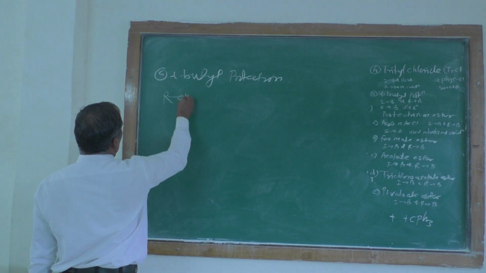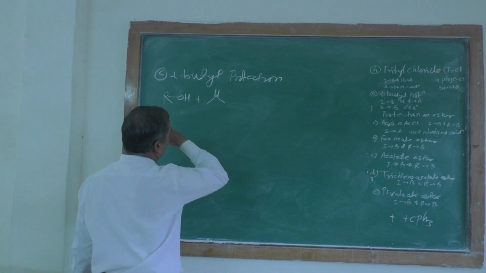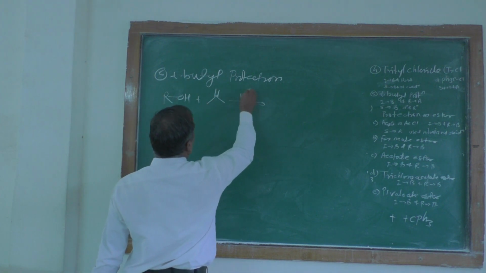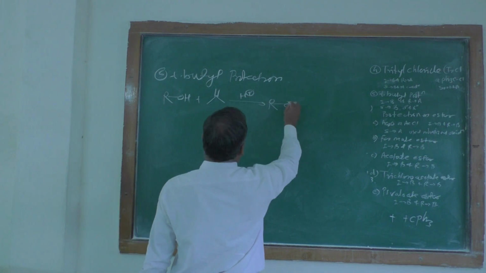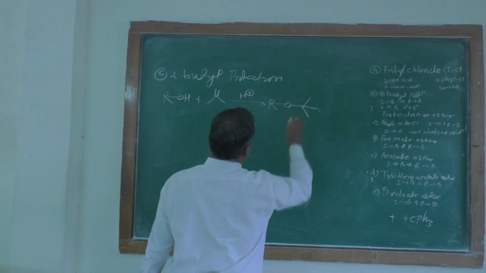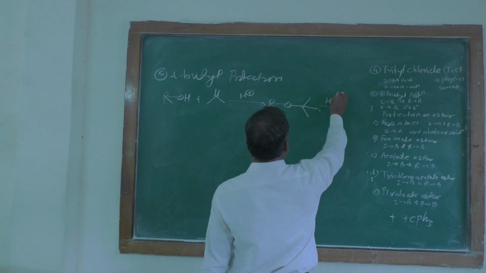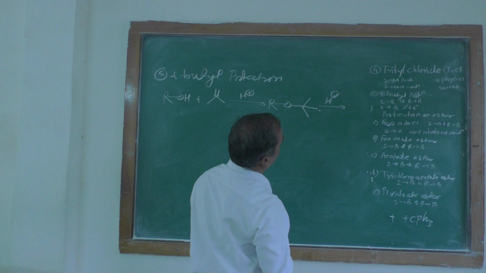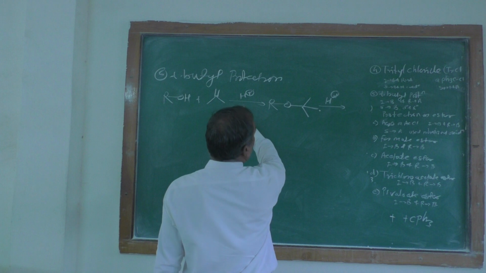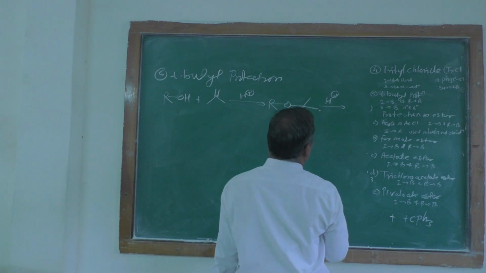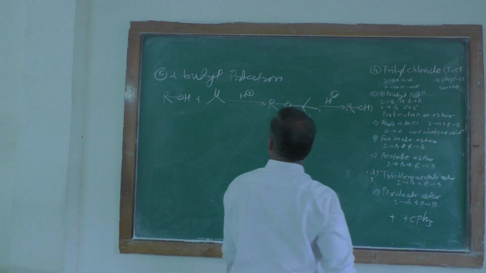As we know, ROH is treated with this butene in the presence of H plus. What do you get here? You will get RO with this tertiary butyl group. Deprotection also occurs in acidic medium, and what do you get? It is introduced under acidic condition and removed under acidic condition, so that we get ROH.